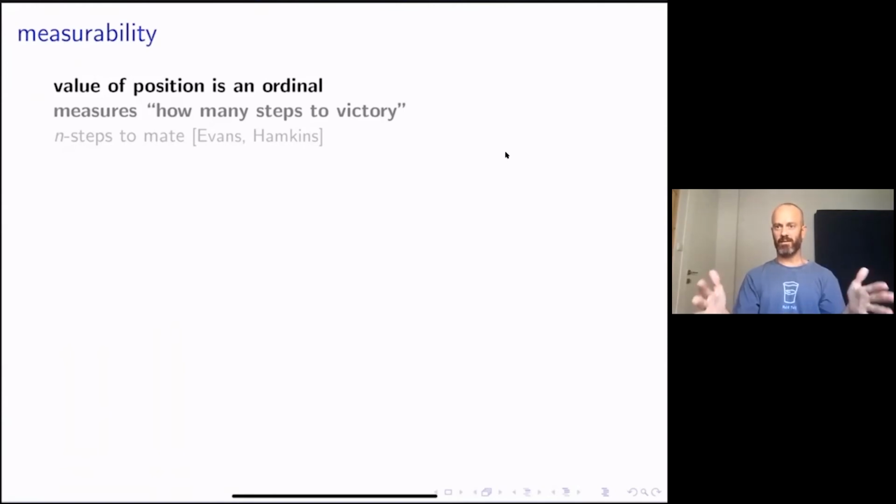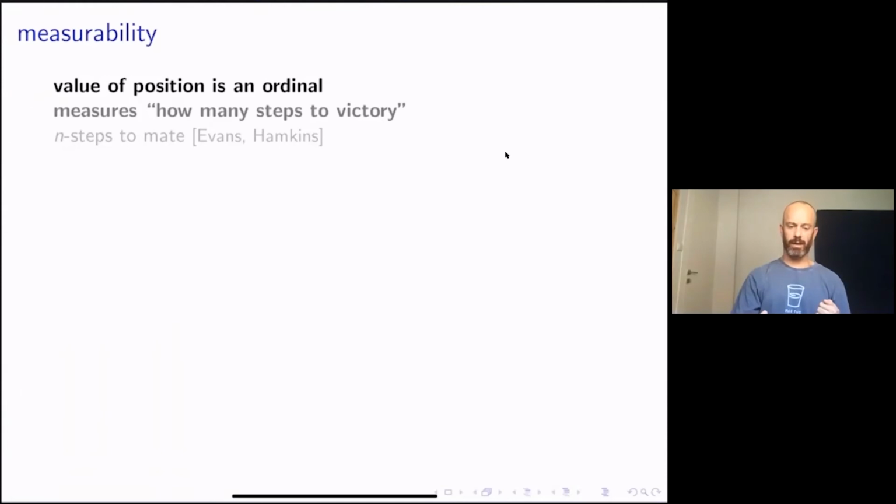This is very informative data, right? How many steps are required to achieve a win? And when the game is infinite, a way to measure this number of steps is using ordinals. You can use an ordinal to measure how many steps are required to reach victory.